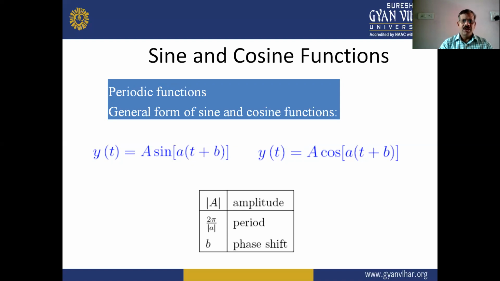The amplitude is magnitude of A, the period is 2 pi upon magnitude of a, and the phase shift is b. So b is the phase shift, A is the amplitude, and the period is 2 pi upon magnitude of a in this general form of sine and cosine functions.